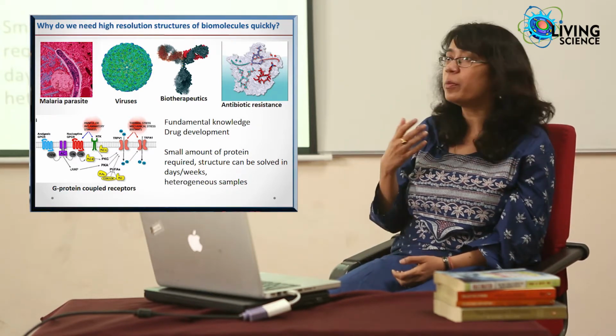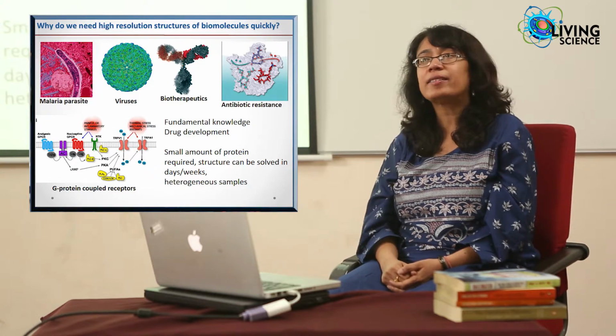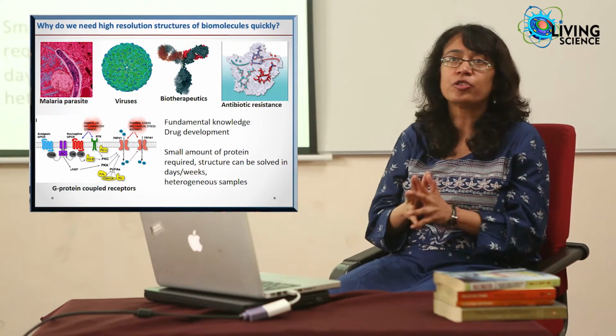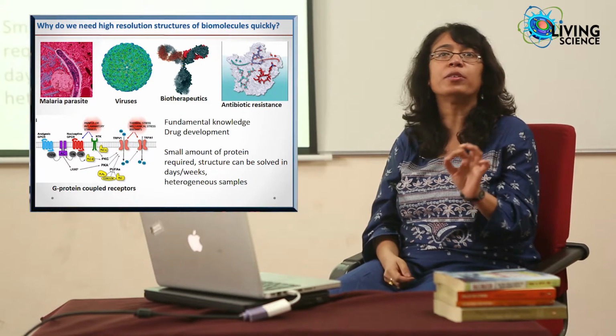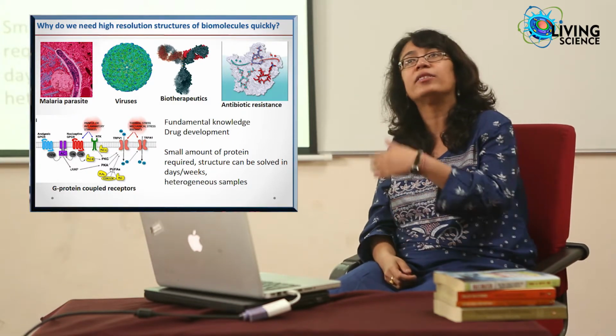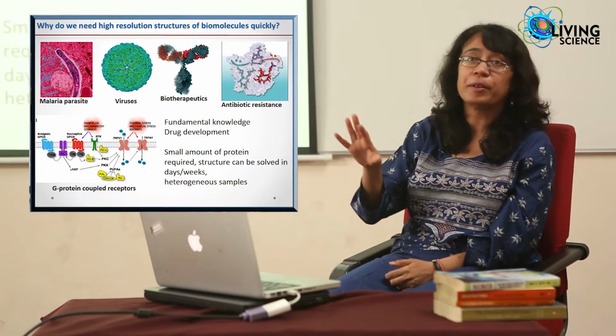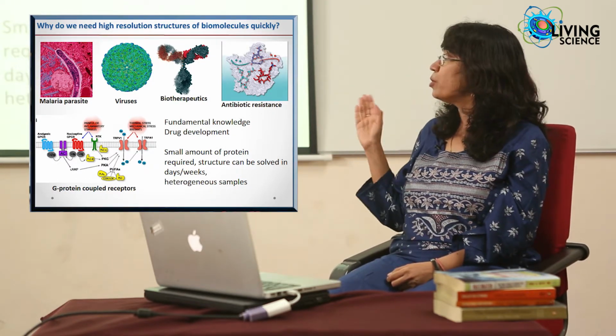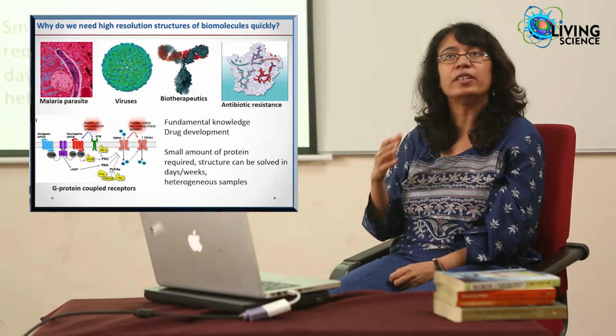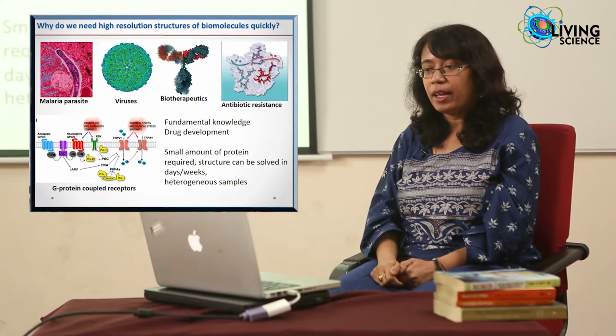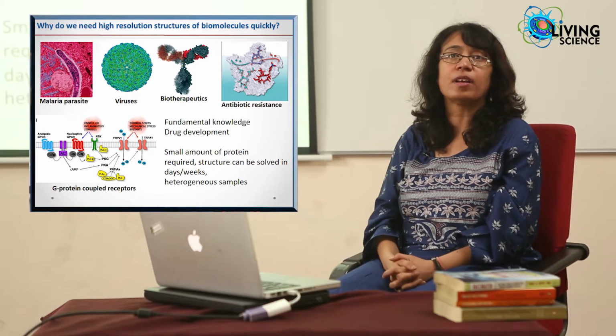Now, where cryo-electron microscopy helps is that one can reach high-resolution structures with a very small quantity of starting material compared to other techniques like crystallography. And this is a fairly fast technique if you have the setup and operator skills and all other requirements. If all of these things are in place, then a high-resolution structure can essentially be solved in weeks or days. And even heterogeneous samples are okay.